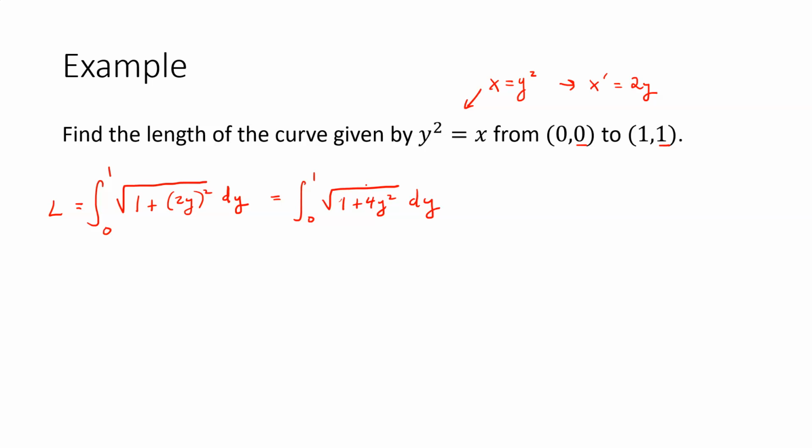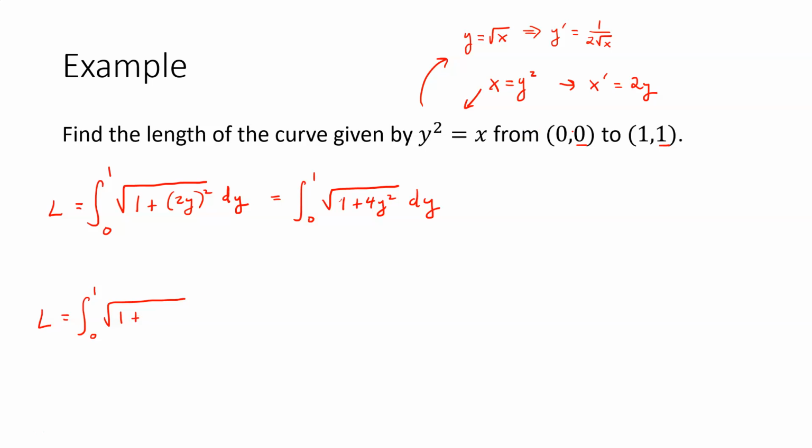However, let's see what would happen if I did it the other way. So this is integrating with respect to y, but suppose I wanted to do it the other way and integrate with respect to x. Well, I could isolate the y in the equation, get y equals the square root of x, and then y prime would be 1 over 2 times the square root of x. So let's notice that here we can get the same arc length using a different variable.